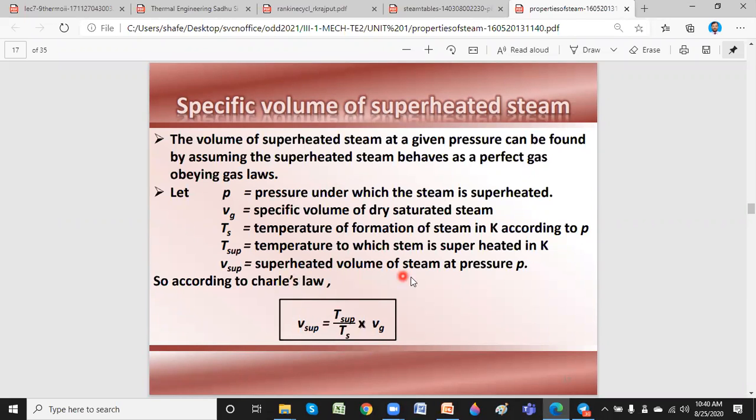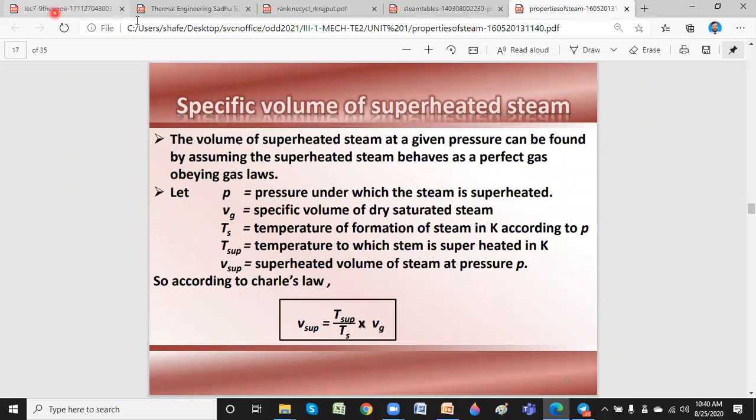Like this, I can find the properties of superheated steam. I hope you understood how to take the properties from the steam tables, including fluid values, wet, dry saturated, and finally superheated.